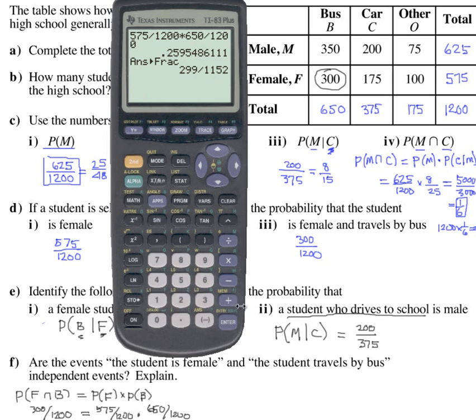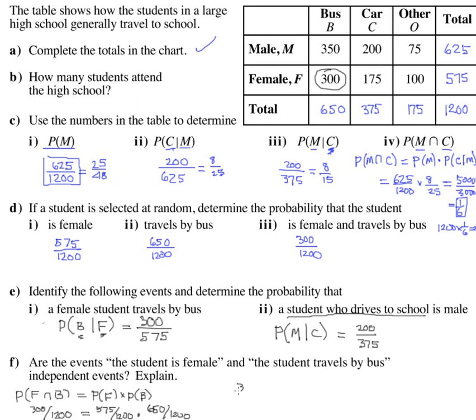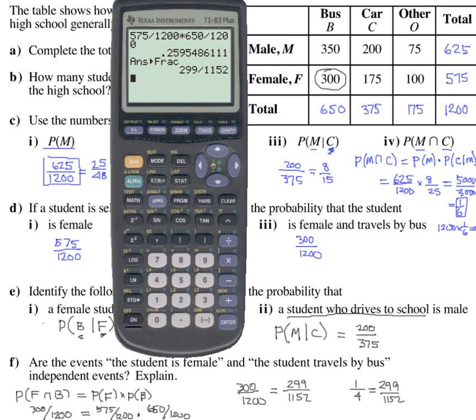Okay, 299 out of 1152. So we get 300 out of 1200 equals 299 out of 1152. We could reduce the left side, of course. Let's do a proper job of this at least once. 299 out of 1152. Yeah, that's right.